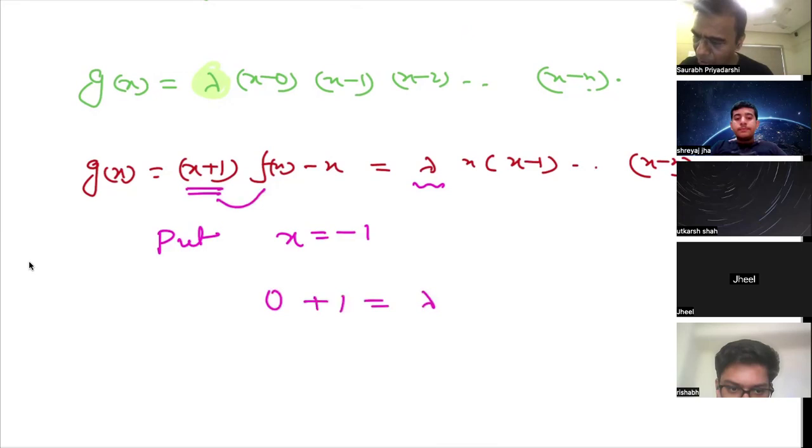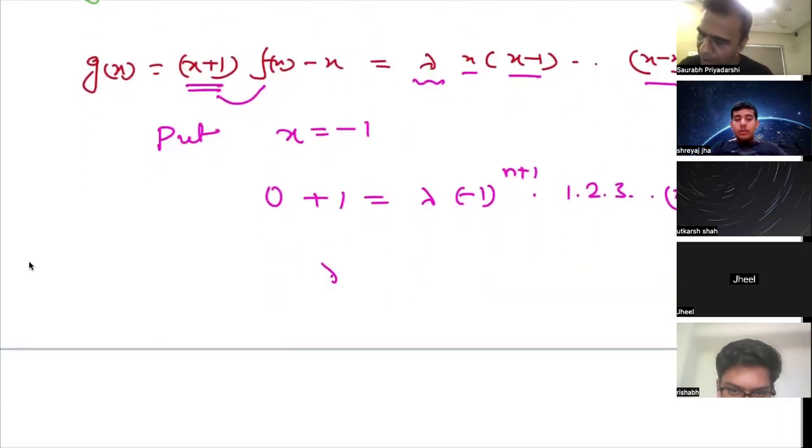Minus plus 1 is equal to lambda. Minus 1 is coming from each and every factor, so this is n plus 1 factors, and every number is 1 into 2 into 3 up to n plus 1. So this lambda is nothing but minus 1 to the power n plus 1 upon (n plus 1) factorial.